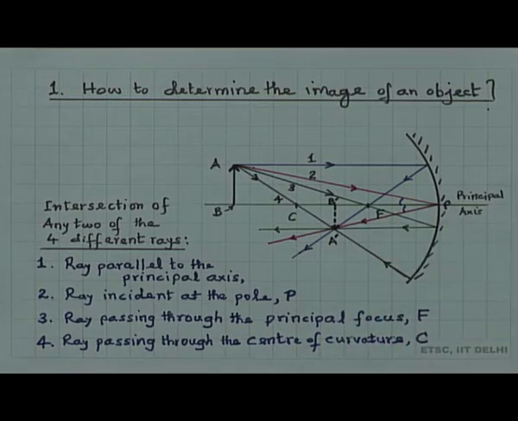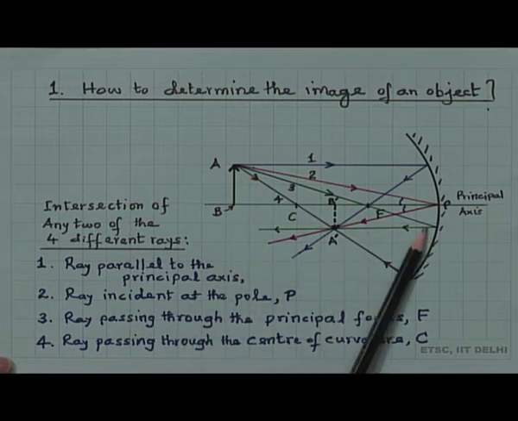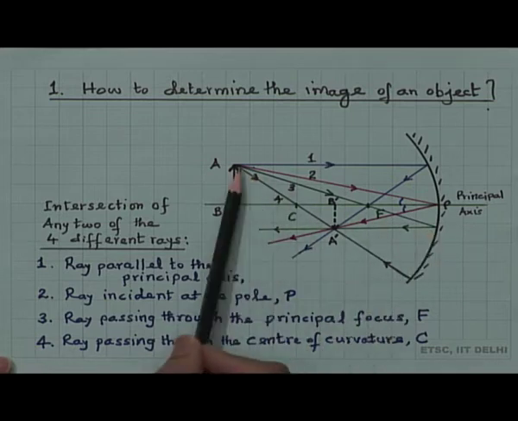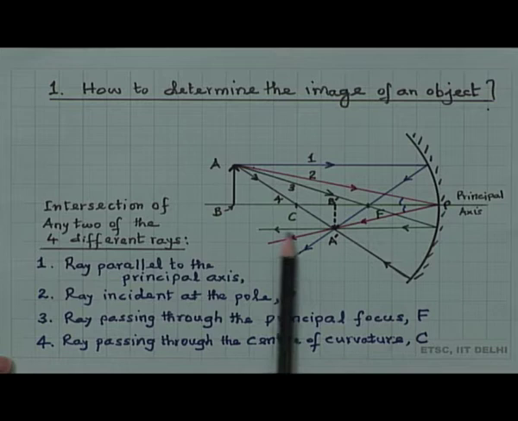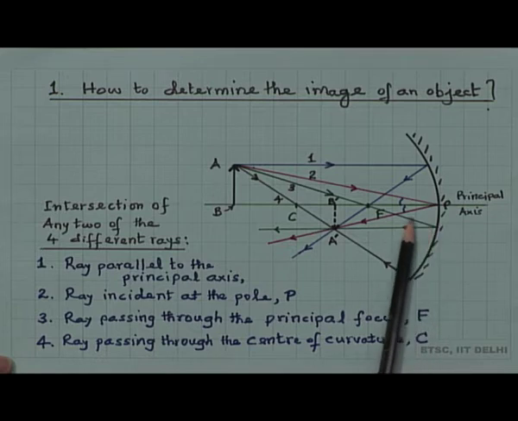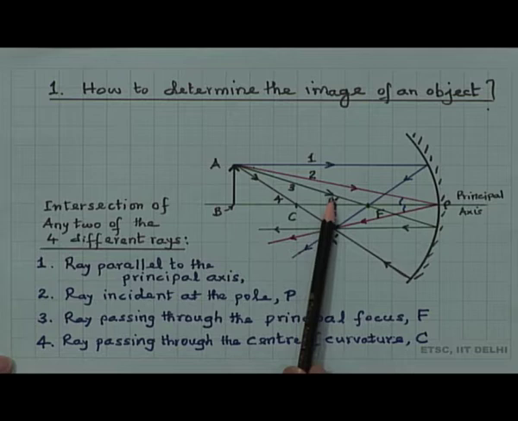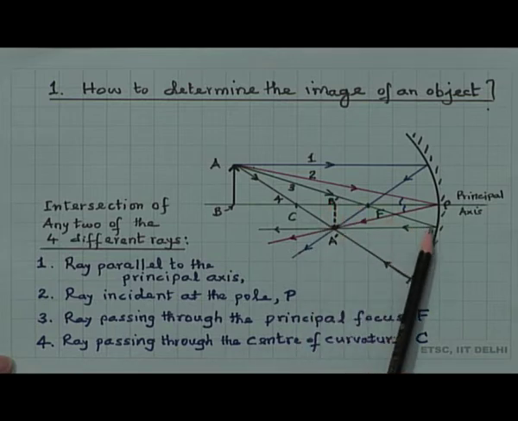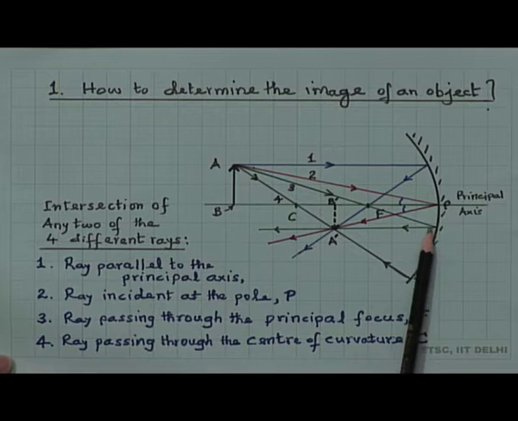A third ray is a ray passing through the principal focus. A parallel ray will be reflected in such a way that it passes through the principal focus, and by the reversibility of light, a ray passing through the principal focus and incident on a spherical mirror will be rendered parallel.